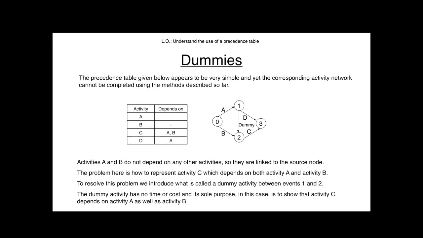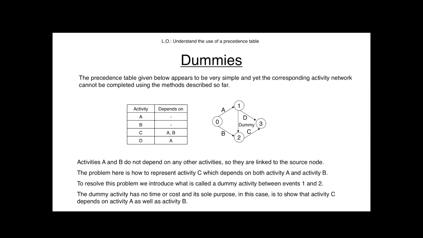All right, so A and B do not depend on anything, which is why from node 0 I've got activities A and B. Now activity C depends on A and B, but activity D depends on A. And remember that C and D, the last 2 activities, have to meet at the final node, the sync node, which is number 3. So the problem we've got from what we have done so far is that we wouldn't be able to represent this precedence table because it just wouldn't work.